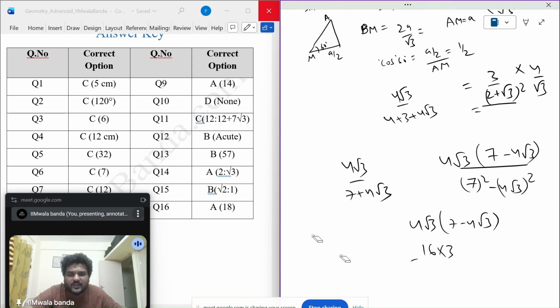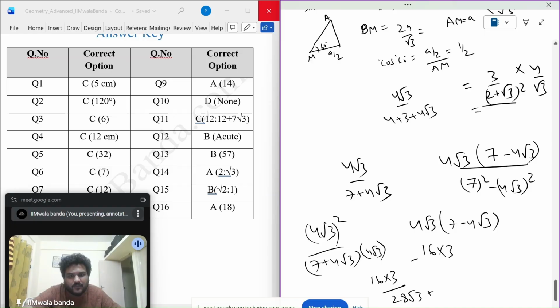Okay. If instead of rationalizing, I multiplied by 4 root 3, 16 into 3 upon 28 root 3 plus 16 into 3, and 4 into 3 upon 7 into root 3 plus 4 into 3: 12 upon 12 plus 7 root 3.